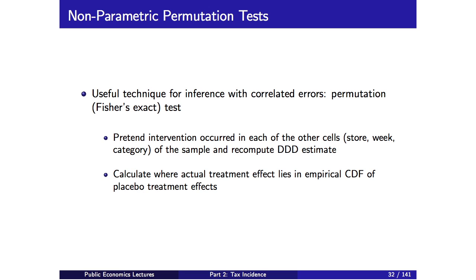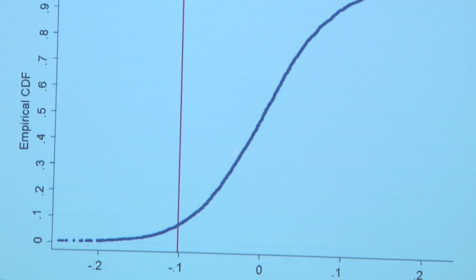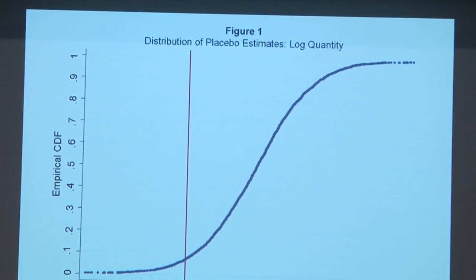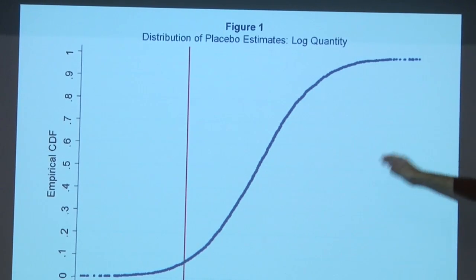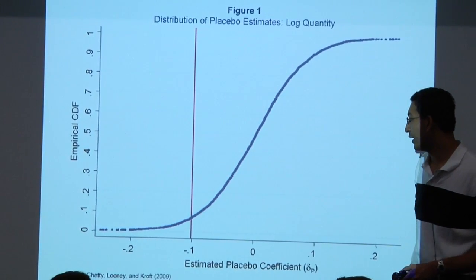So I think this is actually a very intuitive way to think about inference. Let me show you how it works in our data. This is the empirical CDF of placebo estimates when I just pretend that the intervention occurred in each of the other cells in the data. This shows you the distribution of those estimates, and the red line shows you where the actual empirical estimate falls.